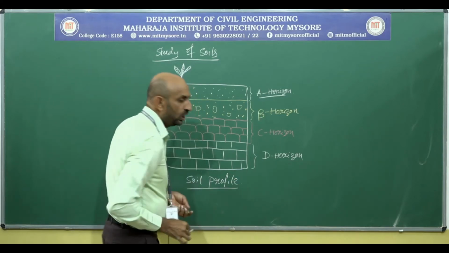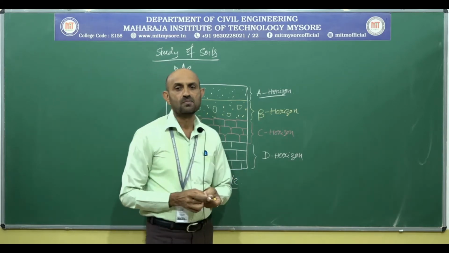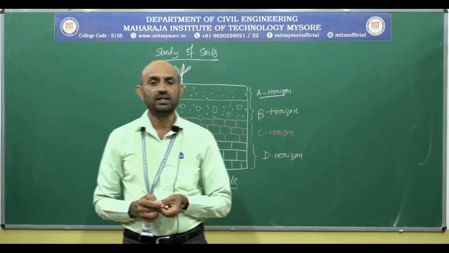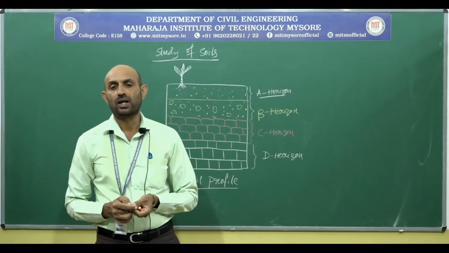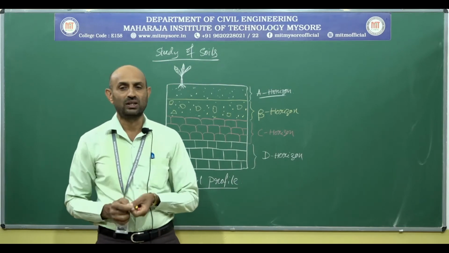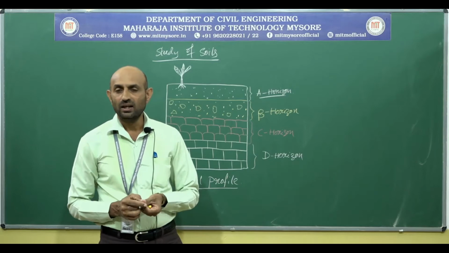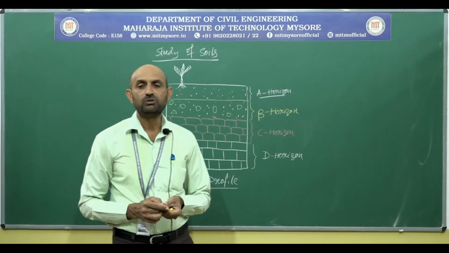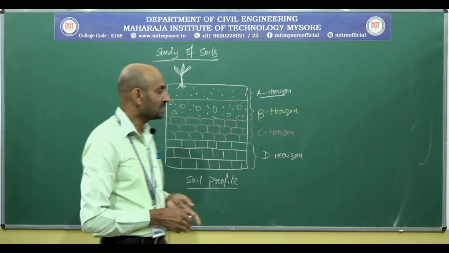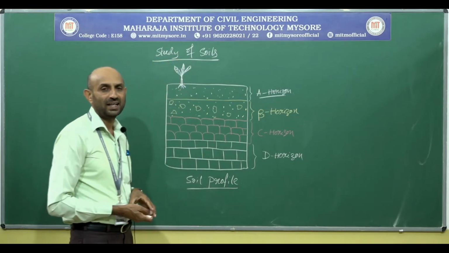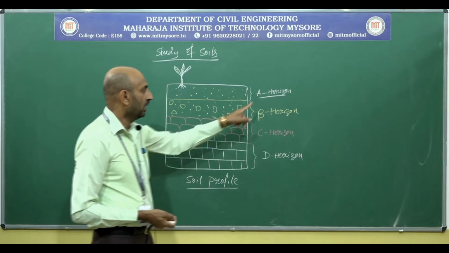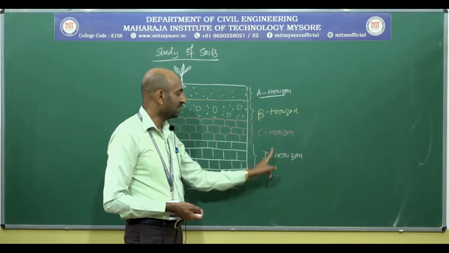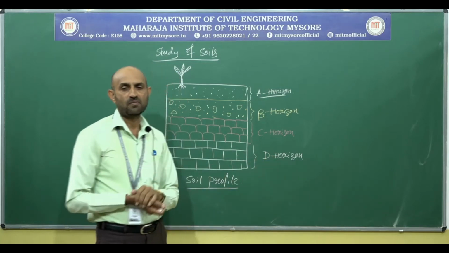What is soil profile? Soil scientists have identified a number of horizons within the soil. In a typical soil profile, the following four weathering zones are commonly recognized: A horizon, B horizon, C horizon, D horizon.